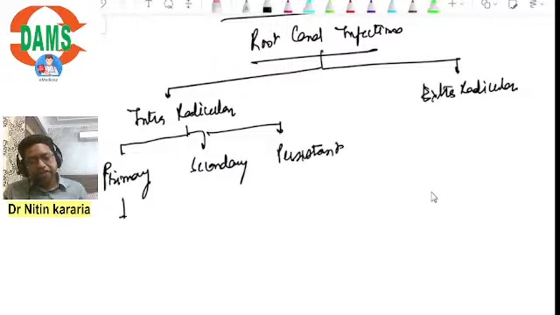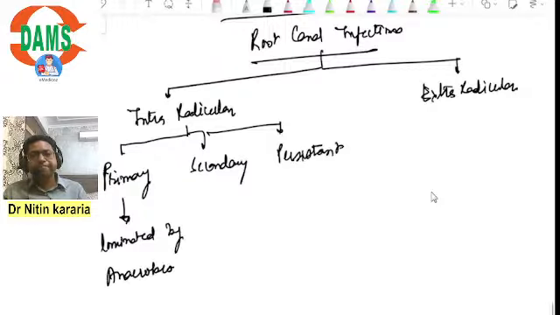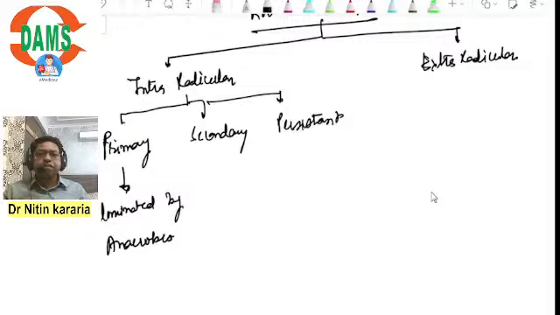Primary infections of the root canals are dominated by anaerobes. Secondary infection means that after the treatment of the root canal, a new set of microorganisms has infected the root canals which were not part of the primary infection.